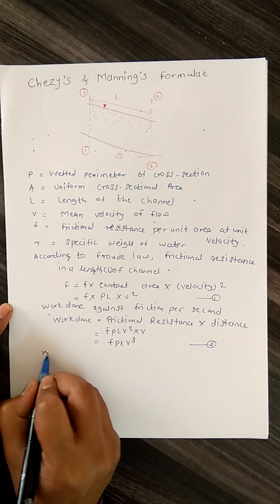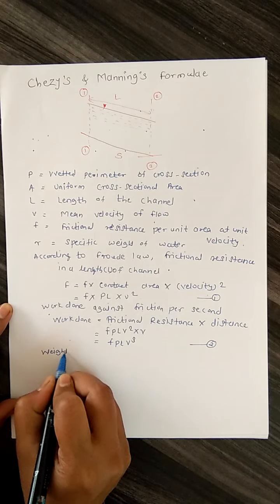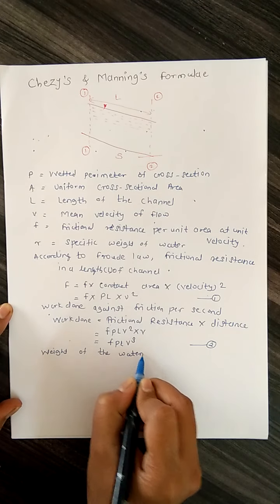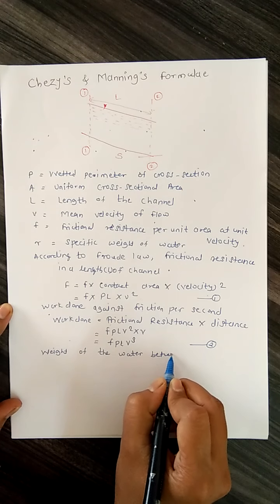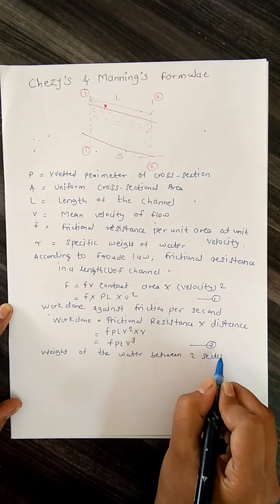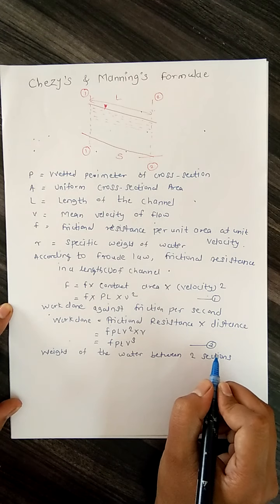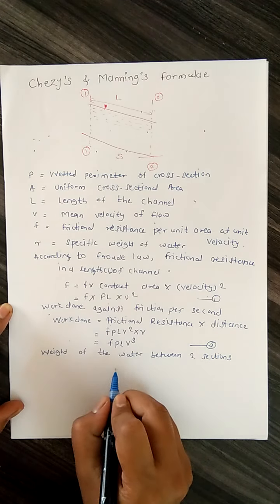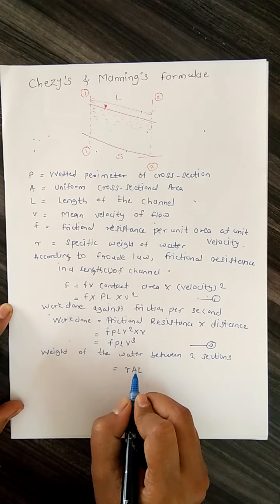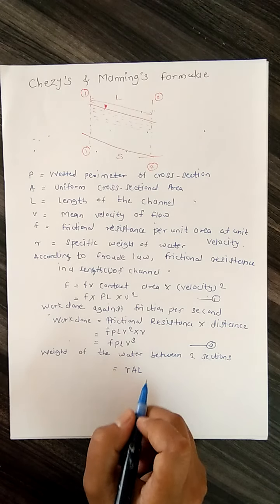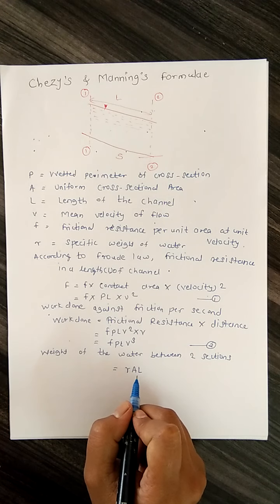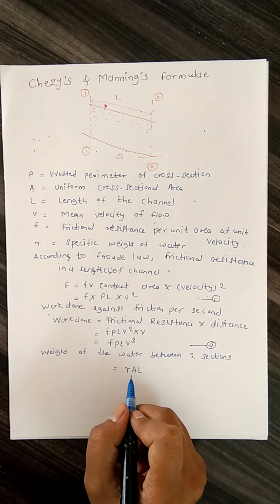Weight of the water between two sections is given by gamma into A into L, where gamma is the specific weight of water, A is the uniform cross sectional area, and L is the length of the channel.